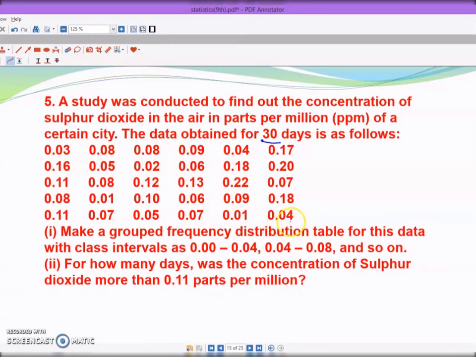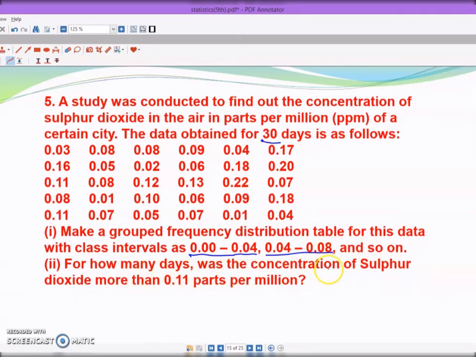This was recorded on the last day. Make a group frequency distribution table for this data with class intervals 0.00 to 0.04, 0.04 to 0.08, and so on. So the class size, as you can see here, is 0.04.